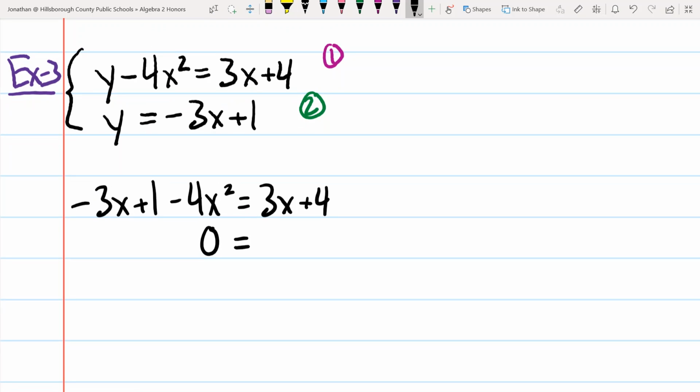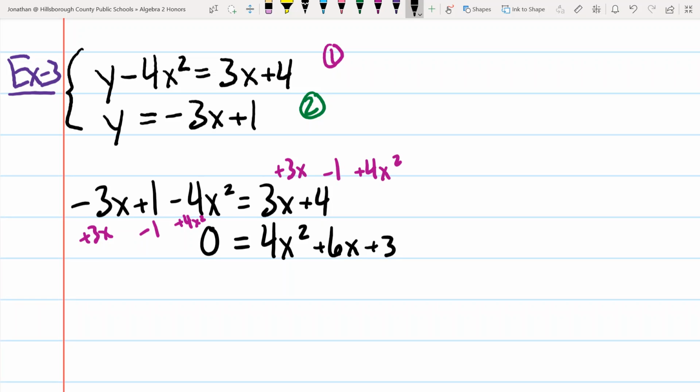I'm going to move them to the right side, so my 4x squared would be positive. I'm going to add 3x squared to both sides, subtract 1, and add 4x squared to move these all over. That's going to be plus 6x plus 3.